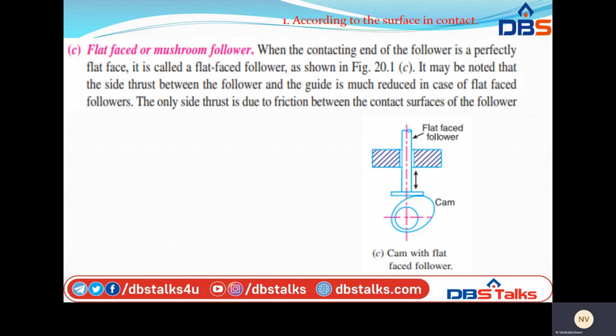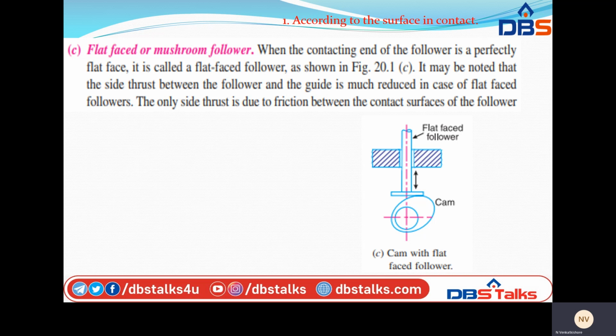In this side, the thrust is reduced, and to reduce the wear, here we are having very high wear, so we need to go for a half setting. Half setting means if you see the axis of the cam and the axis of the follower, they are in a single axis.